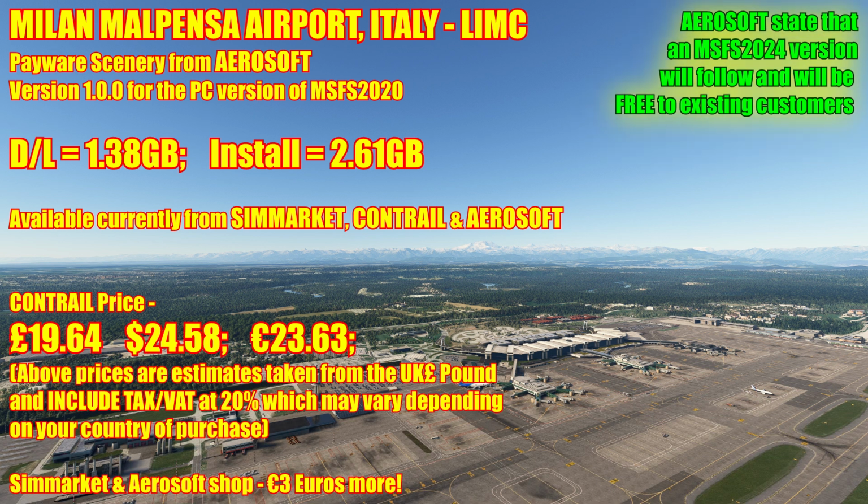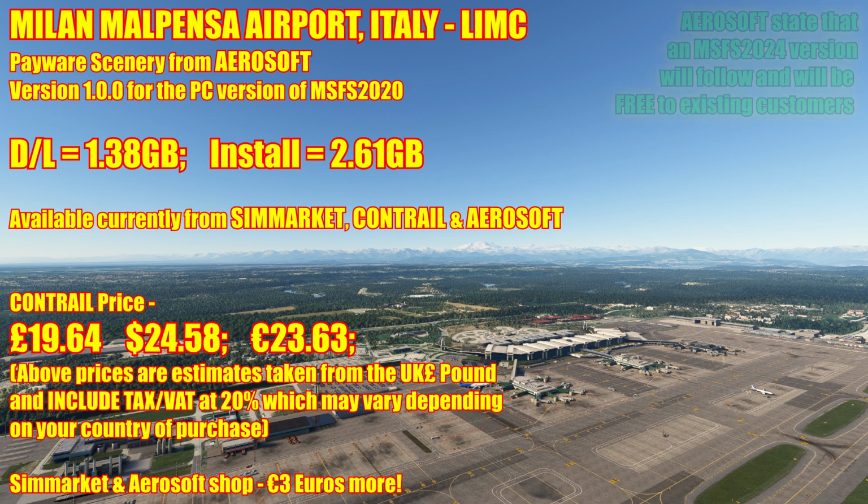It's available currently from 3 locations, Simmarket, Contrail and the Aerosoft Shop. I'll give you the Contrail price because it's the best price at the moment, about €3.5 cheaper than it is at Simmarket or the Aerosoft Shop. So the Contrail price comes in at £19.64 UK, which equates to roughly $24.58 US, or €23.63.